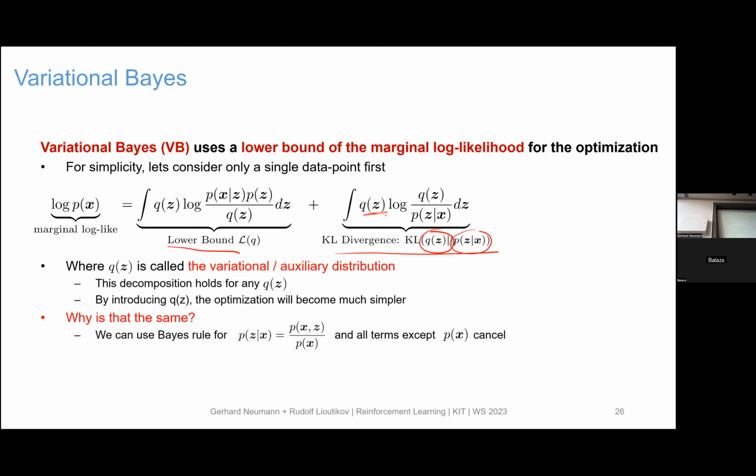The distribution that is there to approximate basically the distribution p of z given x.